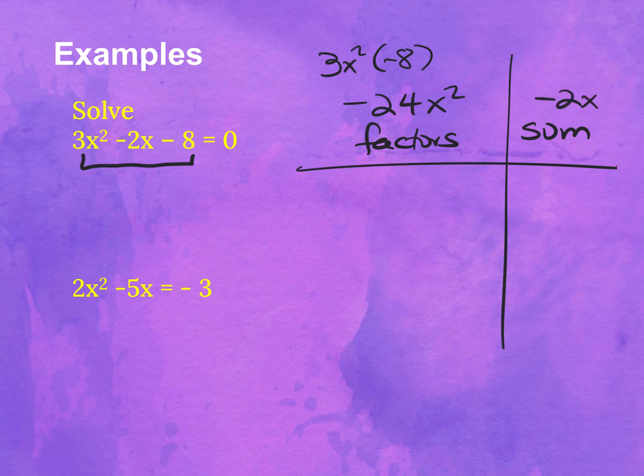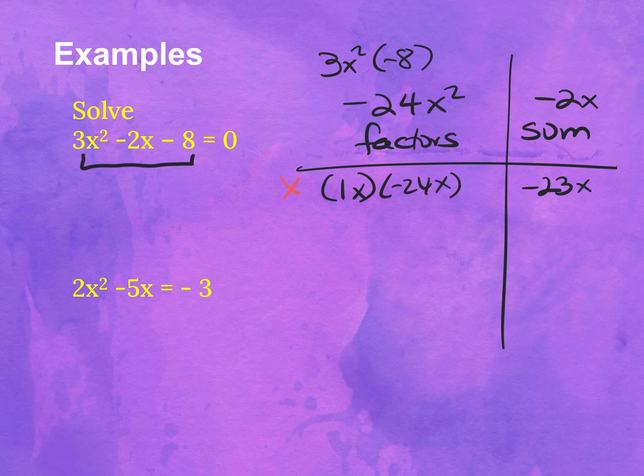So if I start my organized list, in order to get a negative product, I need signs that are different. And the sign in the middle is the bigger factor. So it's 1x times negative 24x. When I multiply that, I get the negative 24x squared. But when I add it, I get negative 23x.